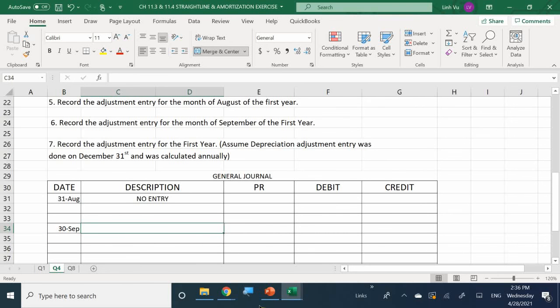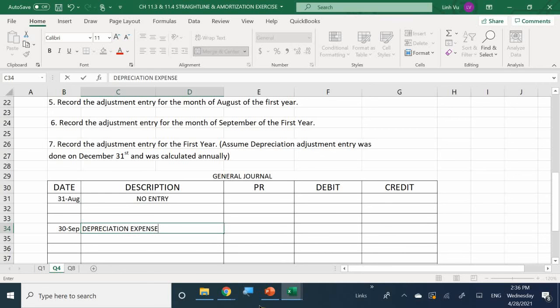Would there be an entry if we do it at the end of the year? In this case, I'm doing monthly adjustments. So would it be the depreciation? Yes, because I'm doing it every month.